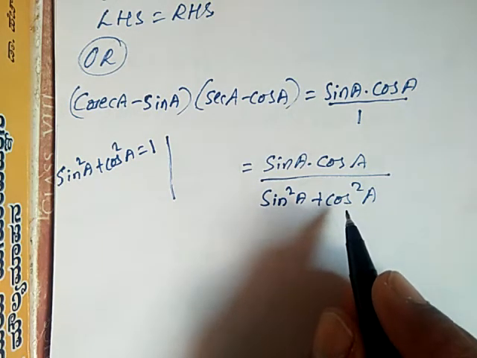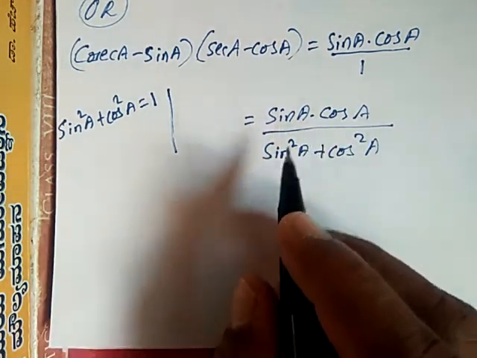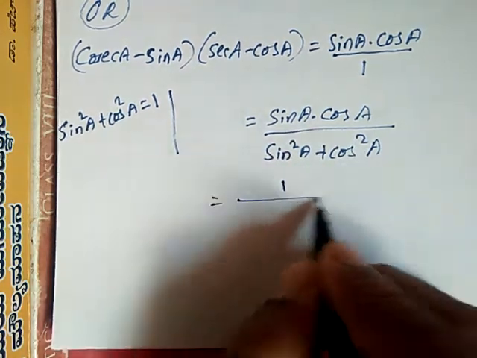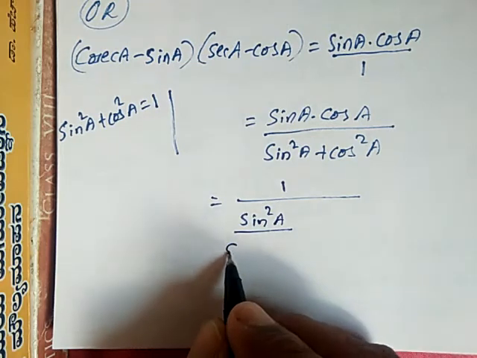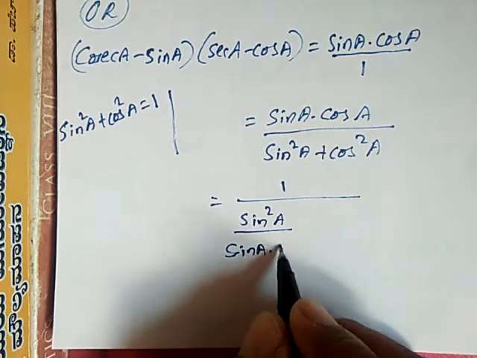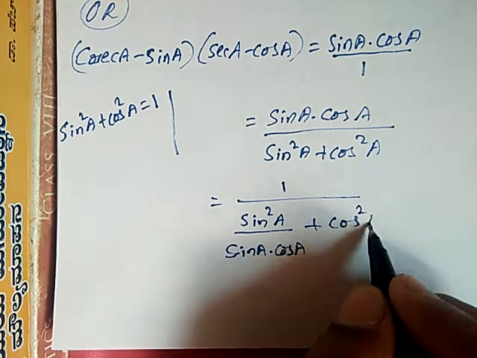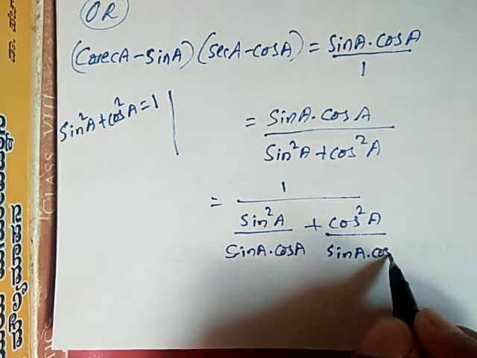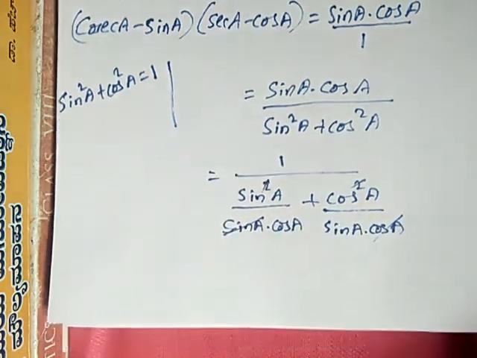What we can do now, like from the denominator we were taking to the upper side, in that way we can take sin A cos A divided by, so you can write sin A cos A divided by sin square A, plus cos square A, divided by sin A into cos A. So here cos A and cos square A get cancelled, sin square A and this get cancelled.